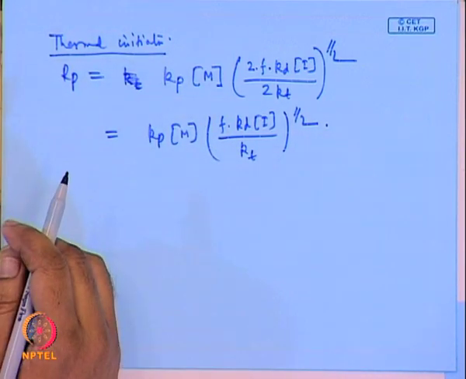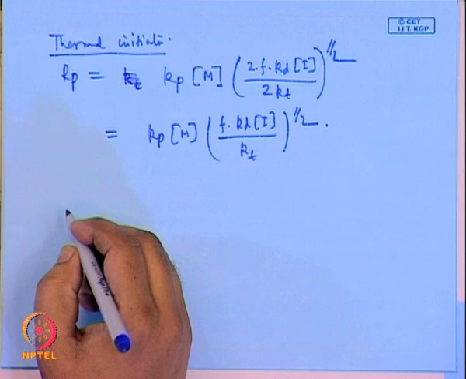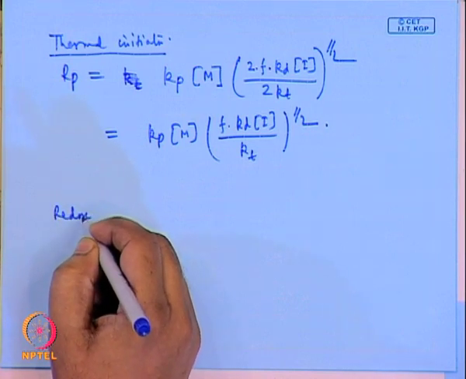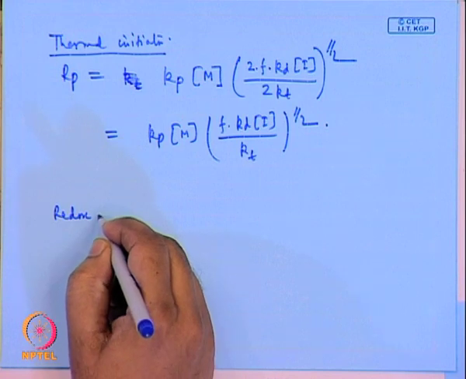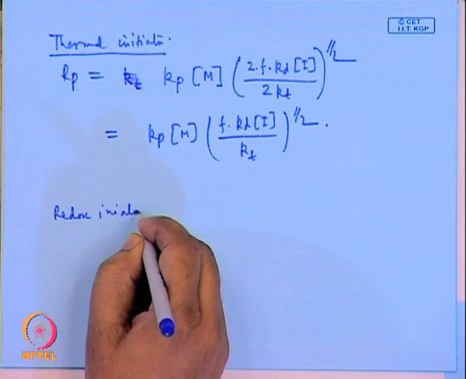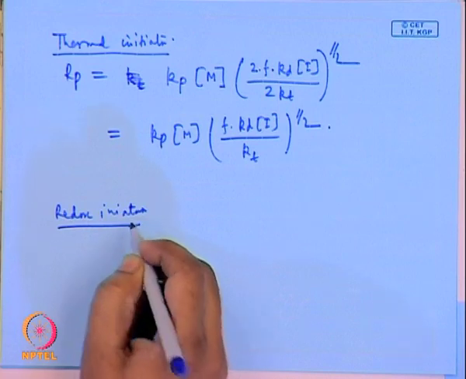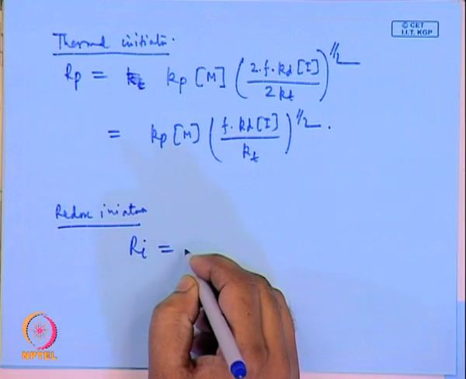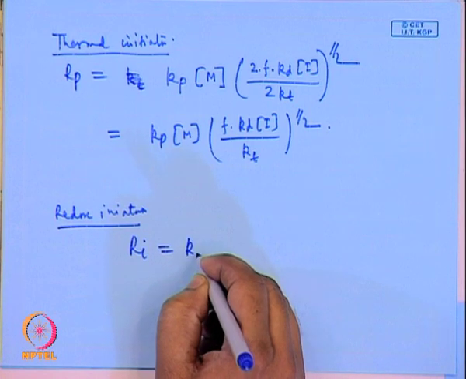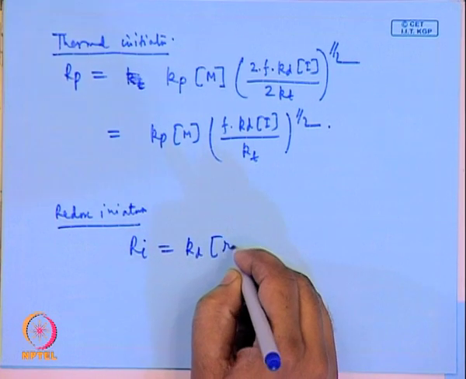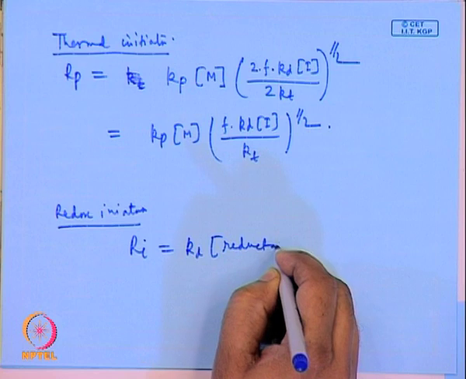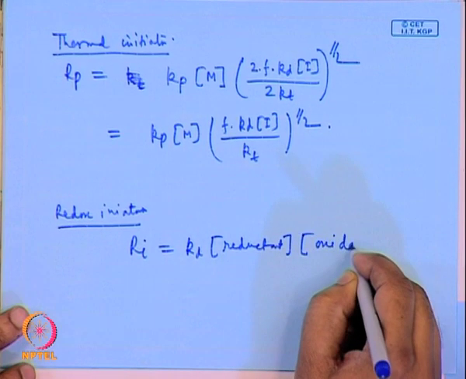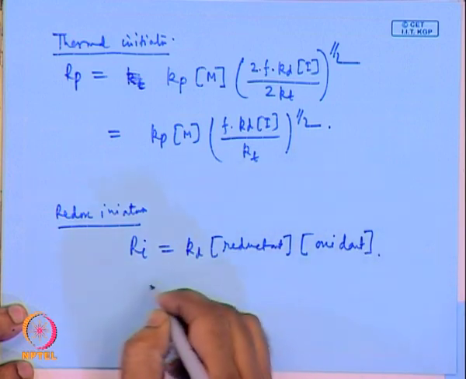What would it look like for a redox initiator? For redox initiator the rate of initiation is Kd times the concentration of reductant times oxidant.